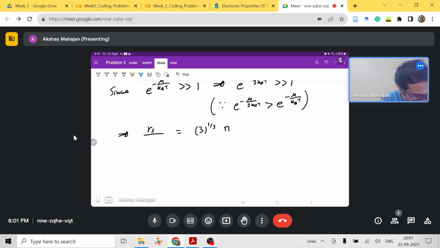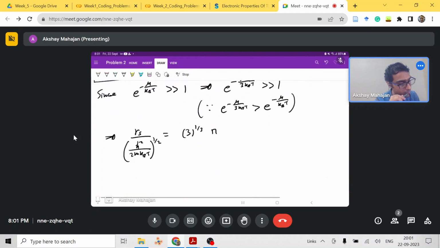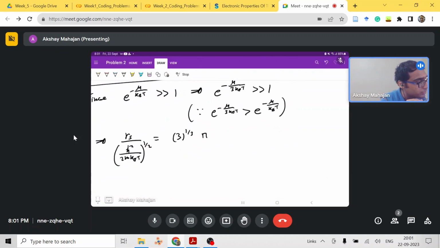This will be rs upon h cross square divided by 2m kBT whole to the power 1 by 2. So I am taking 2m kBT to the power 1 by 2 on the left hand side, and h cross square to the power 1 by 2 will become n to the power 1 by 3 pi to the power 1 by 6 e to the power minus mu upon 3 kBT.